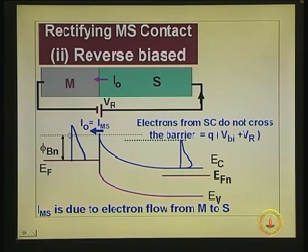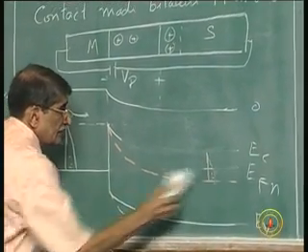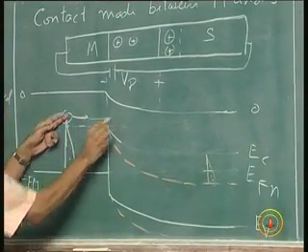On the left hand side, whatever was above that originally has not changed. On the right hand side, originally it was coming right up to this point, above this, it has gone below. So the electrons on the right hand side are not able to cross. When you reverse bias, the current is due to whatever was above that. So that has gone now, and that is the picture. Only these are giving rise to current flow.